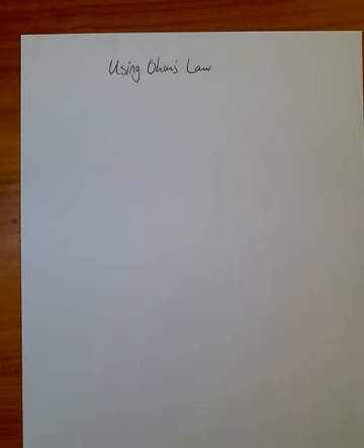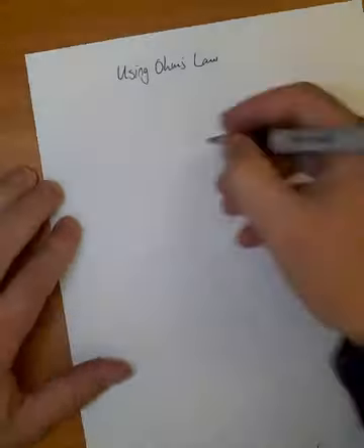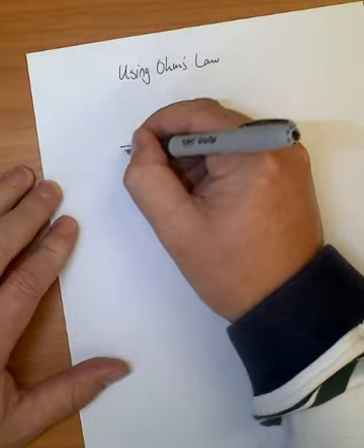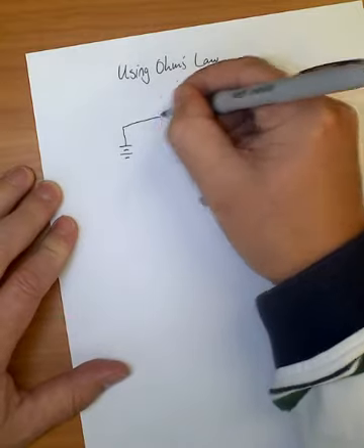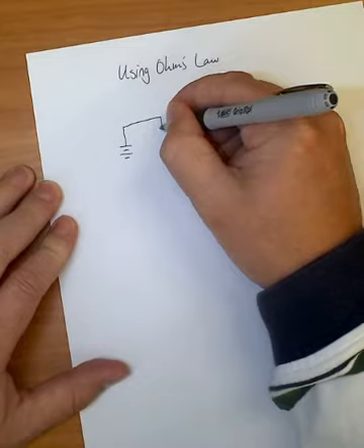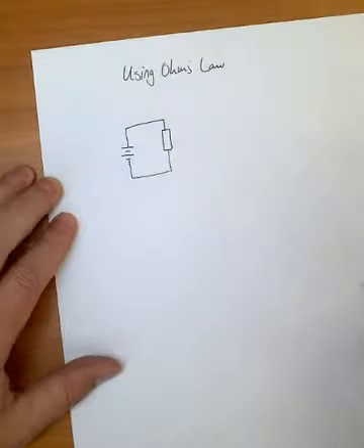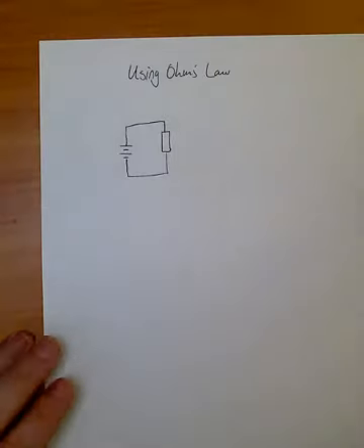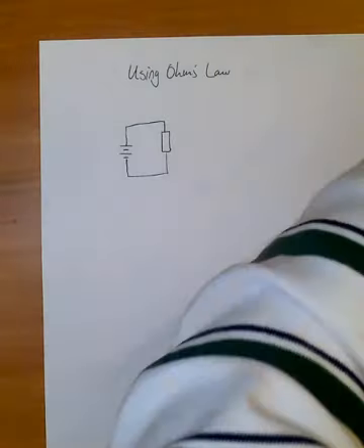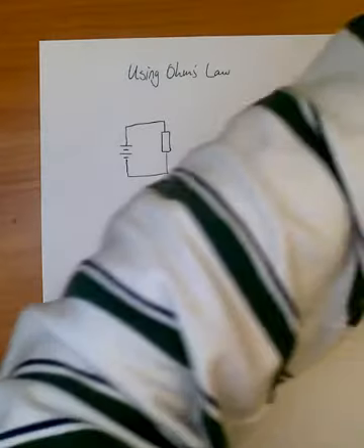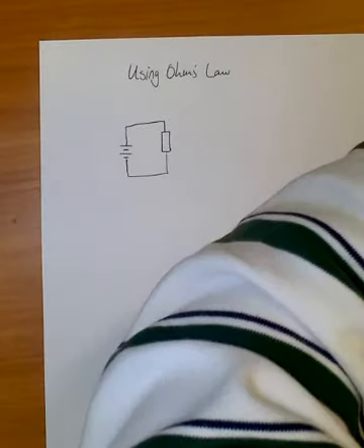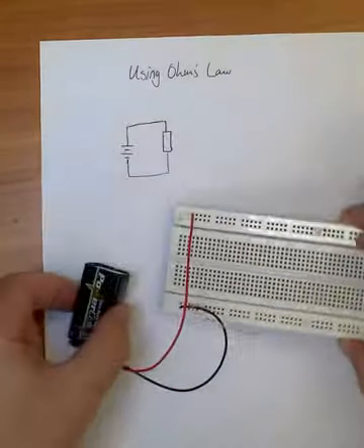In this video I'm going to be looking at how to use Ohm's law to calculate either a voltage, a current or a resistance. Say for example we had a battery just connected with a simple resistor, and for realism's sake I'm going to use a simple circuit based on some real values that we're actually going to measure.